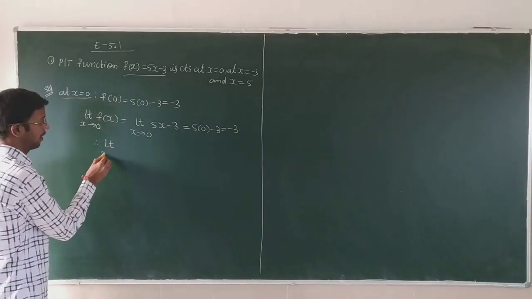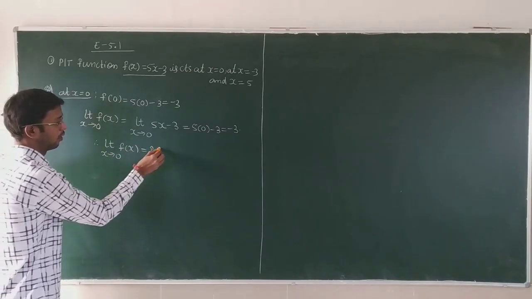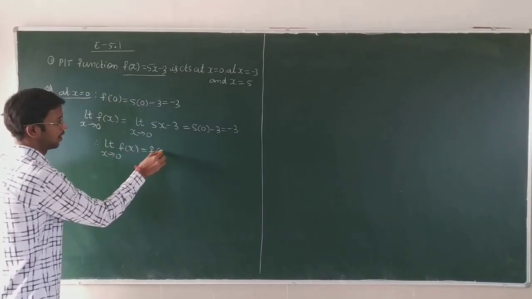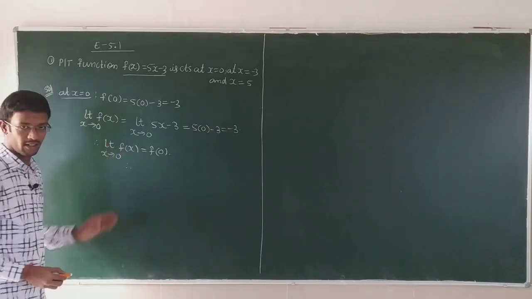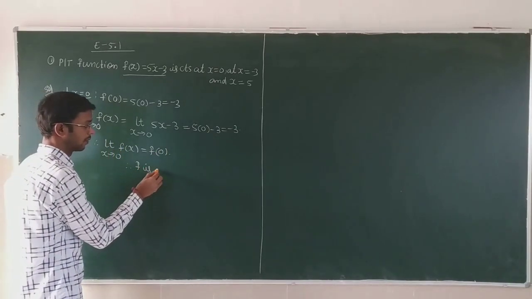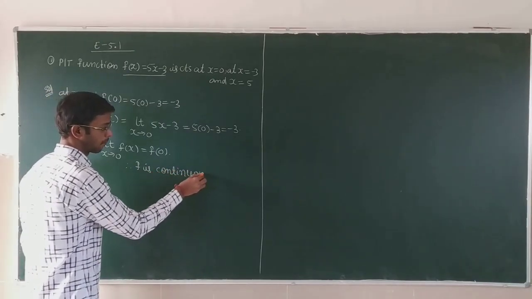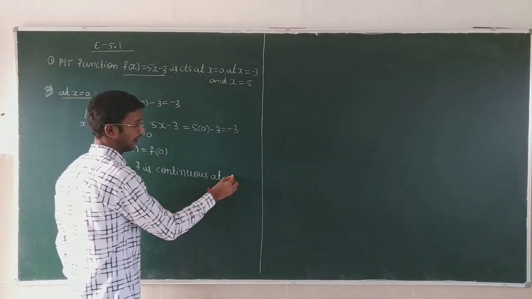Therefore, limit x tends to 0 of f of x is equal to f of 0. Therefore, the condition, the definition, is satisfied. f is continuous at x equal to 0.